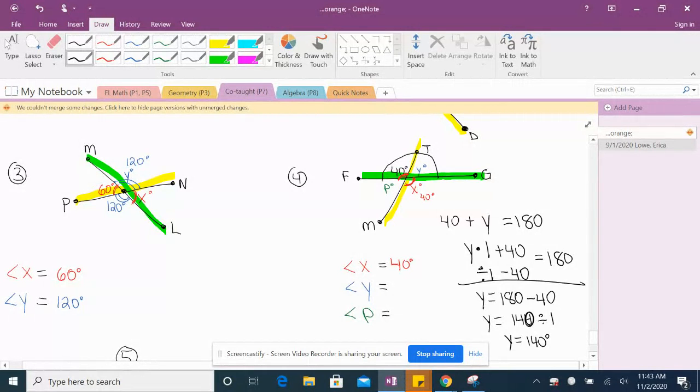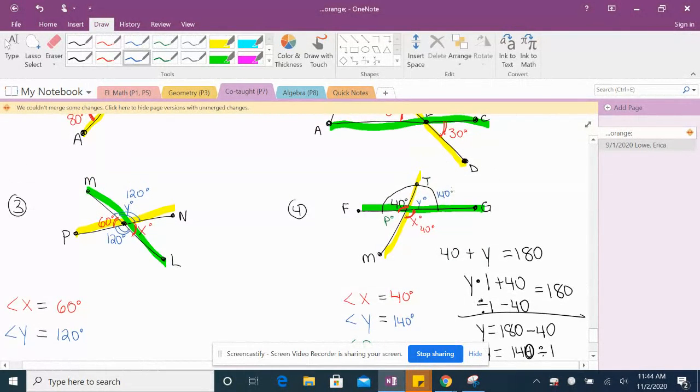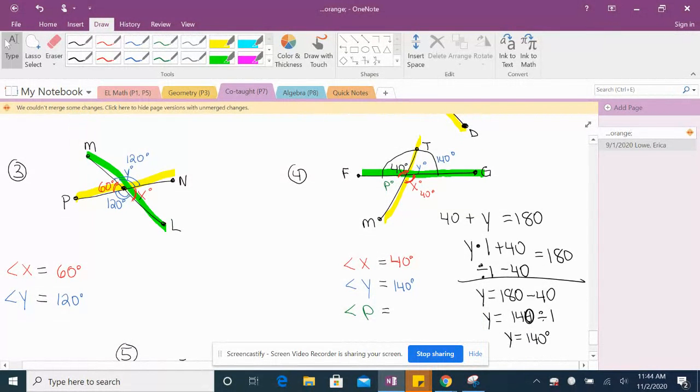So angle Y is 140 degrees because these two angles add to 180. Este ángulo 140 grados porque esos dos, el 40 y 140 grados, esos se suman a 180.